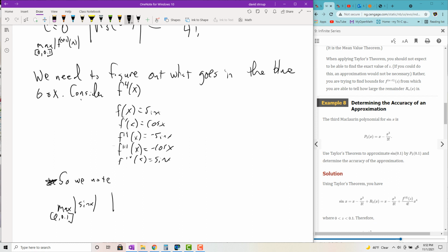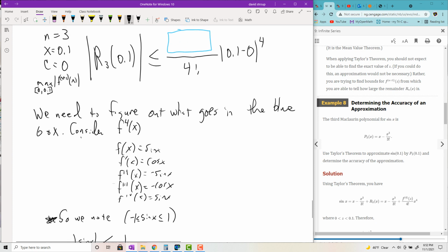But what I'm going to do instead is just use the idea that sine is always bounded above by 1. The general factoid is that sine is between negative 1 and 1 everywhere. So the max of the absolute value of sine on this interval should be less than or equal to 1, and we'll use that in our blue box.